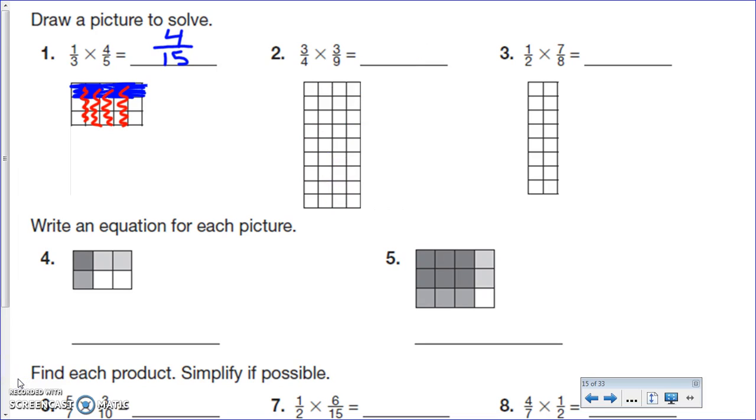For 2, we have 3/4 times 3/9. So the first thing we're going to do is shade in 3 of our 4 columns. Next, for 3/9, we're going to shade in 3 of our 9 rows.